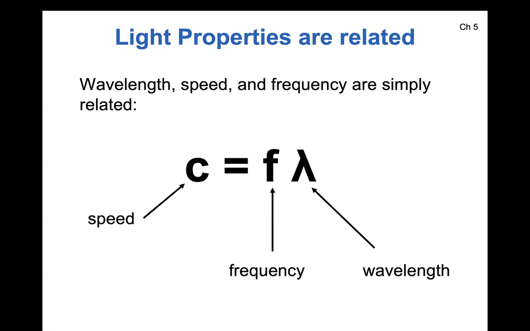And so, unlike other waves where v can change, because sound waves travel at different velocities depending on the density of the material that the sound wave is traveling through, and in air sound waves tend to travel around 300 meters per second. Well, they travel at a different speed in a different atmosphere on a different planet, for example, different speed in water, right? But light doesn't.